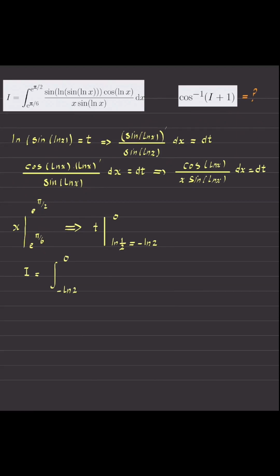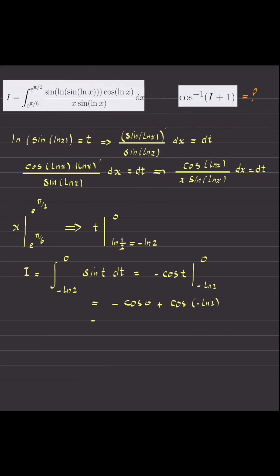So now my integral becomes the integral from minus ln of 2 to 0. Instead of this expression, I just put sine t, and instead of this, as I told you before, I put dt. So this becomes the integral of sine t dt, which is minus cosine t, that I have to evaluate from minus ln of 2 to 0. So if I put 0, it becomes minus cosine of 0, and then plus cosine of minus ln of 2.